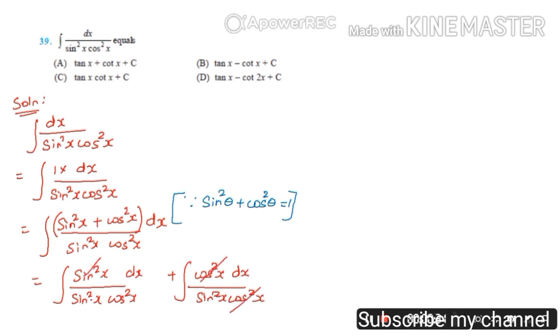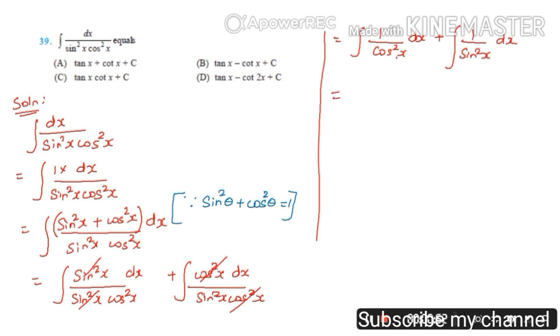Here cos square x gets cancelled, sin square x gets cancelled. So we are left with integral 1 by cos square x dx plus 1 by sin square x dx.